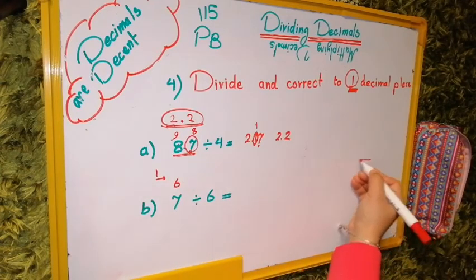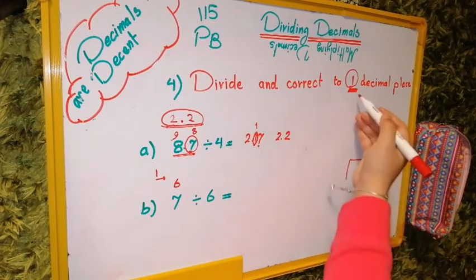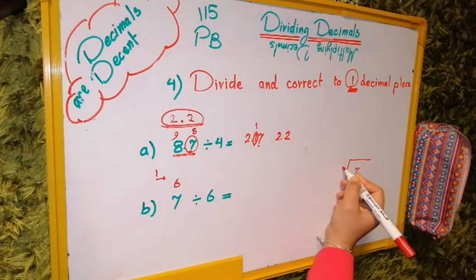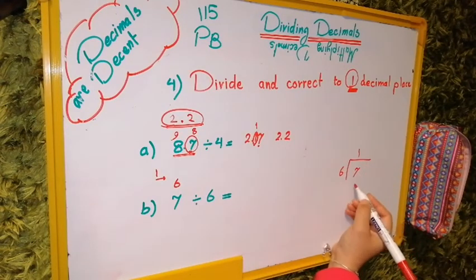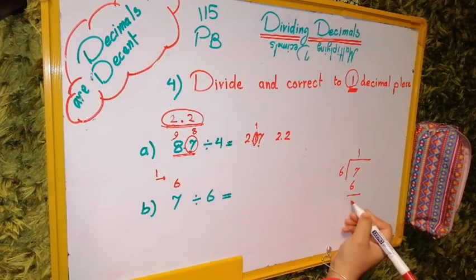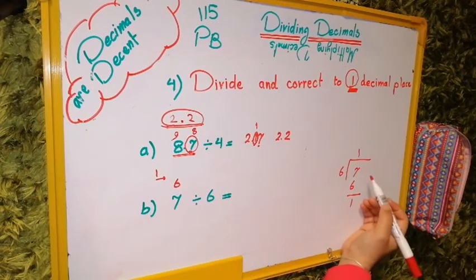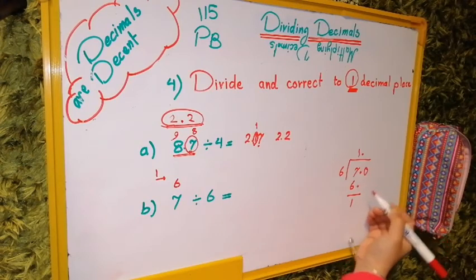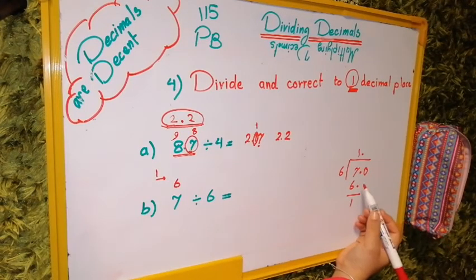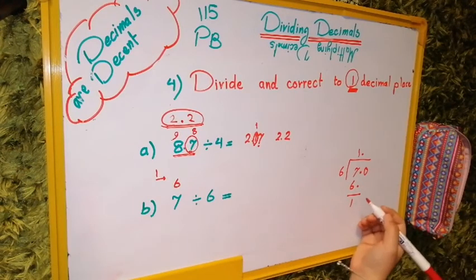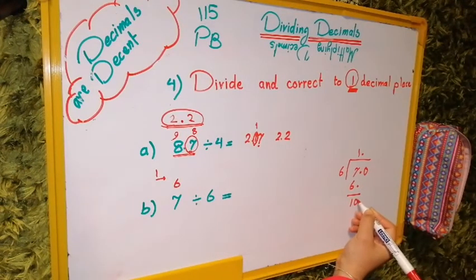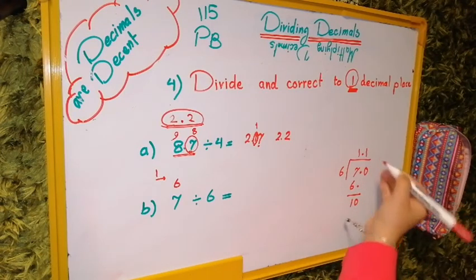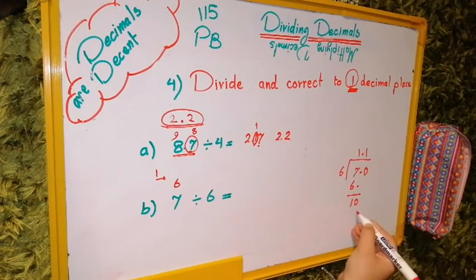If I do this exactly, and remember, I'm going to stop on the second decimal place. So I'm going to put 7 divided by 6 is going to give me 1. Here I have 1. Put point and give myself 0. Here I have 1. And if I say that I have 10 here, 10 divided by 6 is going to be 1. 1 times 6 is 6.